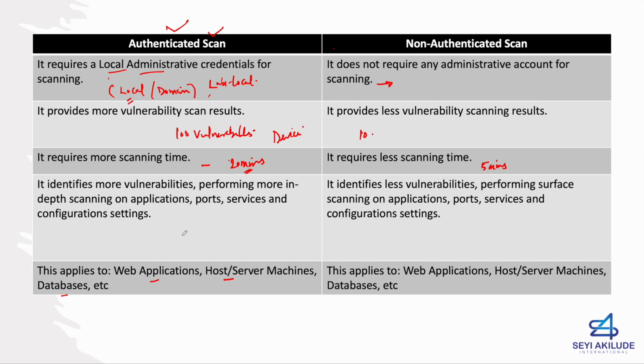In terms of severity levels, you might find, let's say, 10 critical vulnerabilities, and let's say 3 of them are exploitable. Okay, I mean, readily there's an exploit out there on the internet that could be used to exploit such vulnerabilities. But if you're running a non-authenticated scan, you might only find maybe medium or low severity type of vulnerabilities.